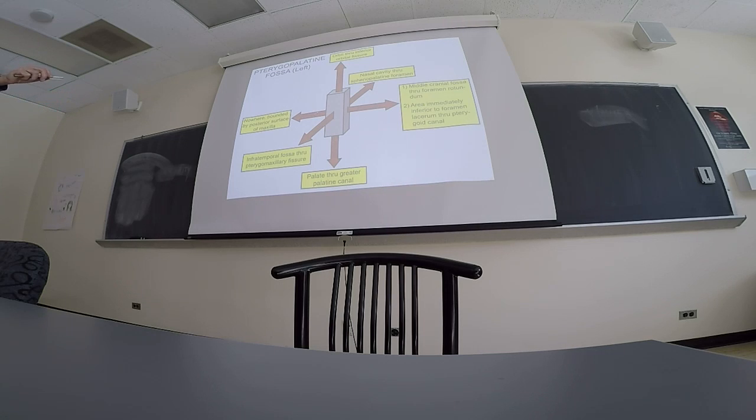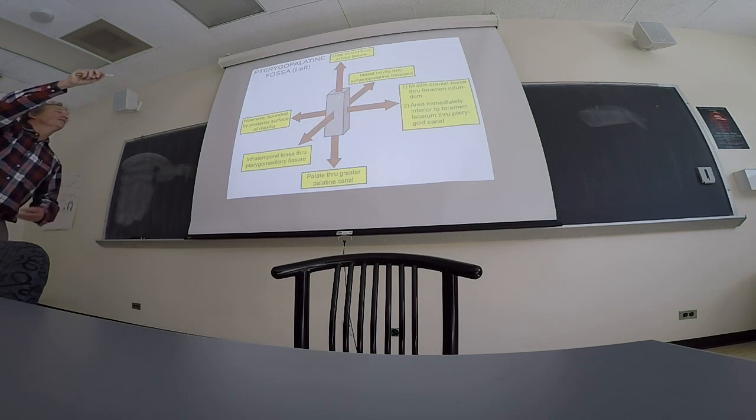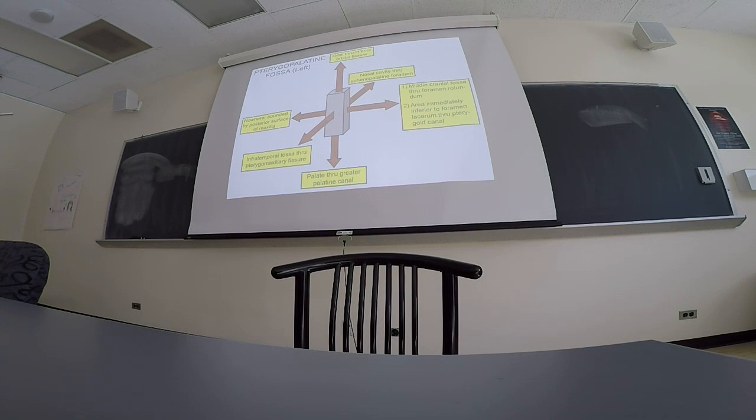Going posteriorly and up high, you're going towards the middle cranial fossa. Down below, you've got the pterygoid canal. Realize the pterygopalatine fossa is a space, right? It's a space that various things pass through on their way to the maxilla in front, up into the orbit, or down into the palate area.